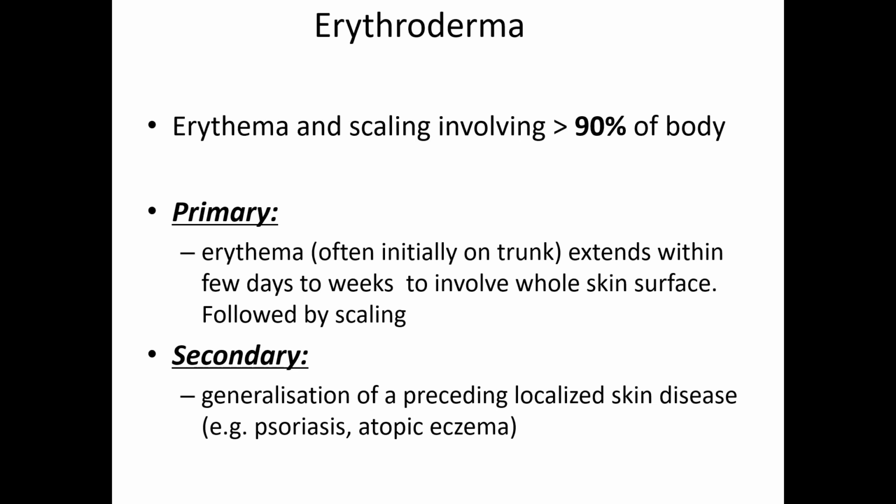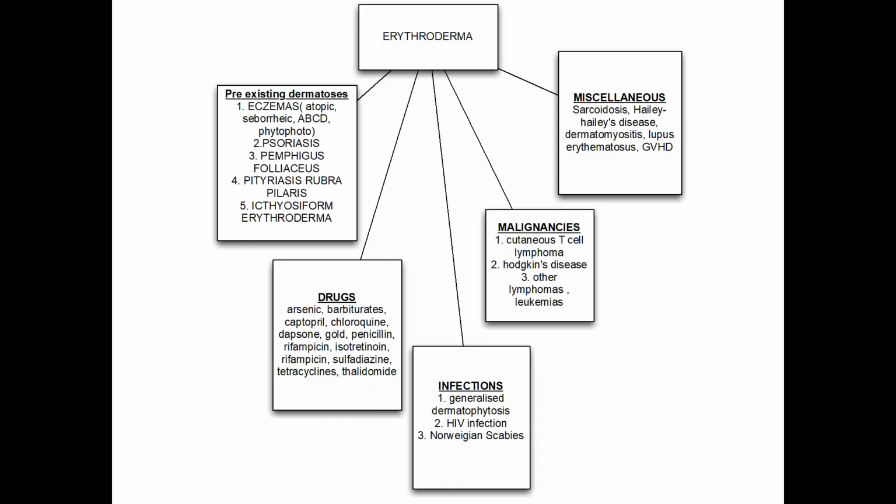In case of secondary, it is a generalization of a preceding localized skin disease, maybe either psoriasis, eczema, or atopic eczema. So these are the causes of erythroderma.